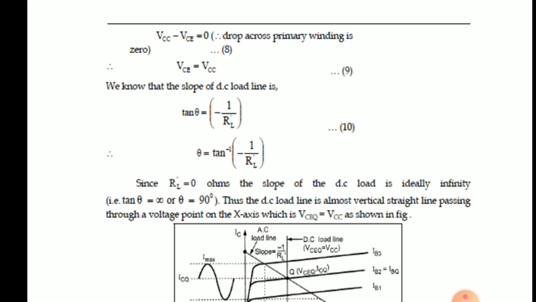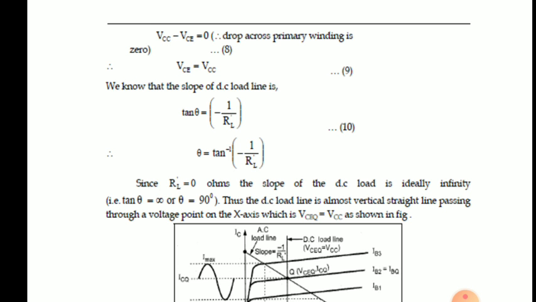But in this case RL is replaced by the primary winding, which acts as a short circuit for DC. The drop is negligible, so we get VCE is equal to VCC.